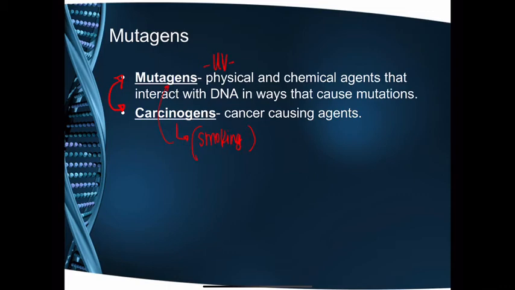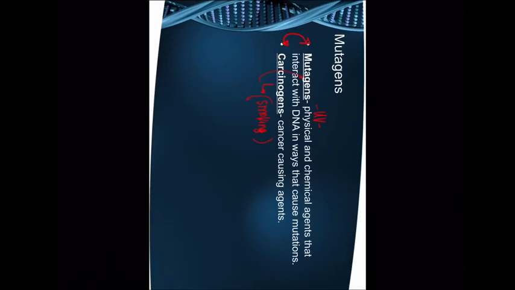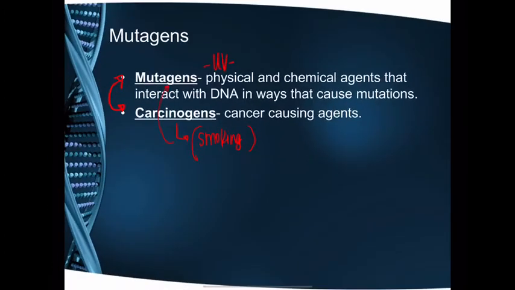Any type of mutation that you are born with is considered to be a genetic disorder. Now, people can be born with mutations that they are not predisposed to genetically. So maybe your mom is normal and your dad is normal, but the child is born with cystic fibrosis.